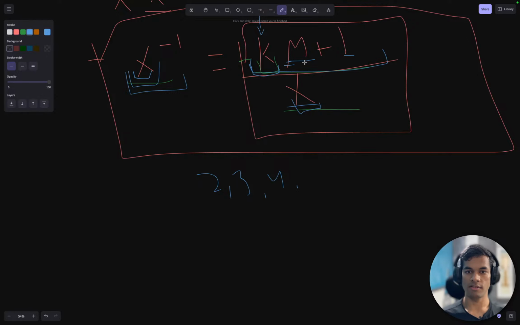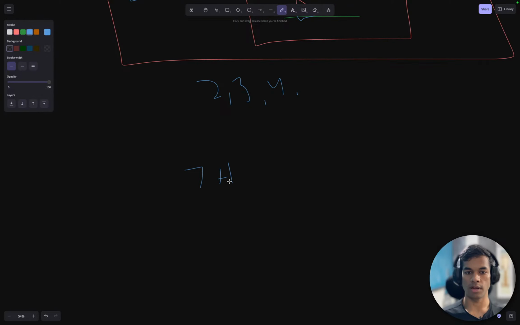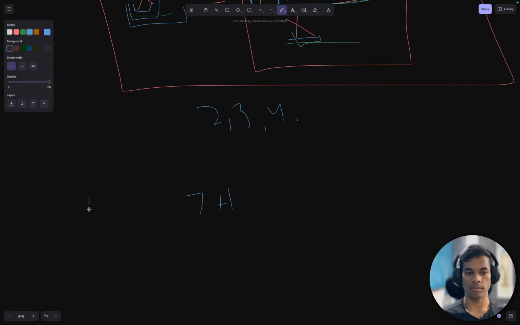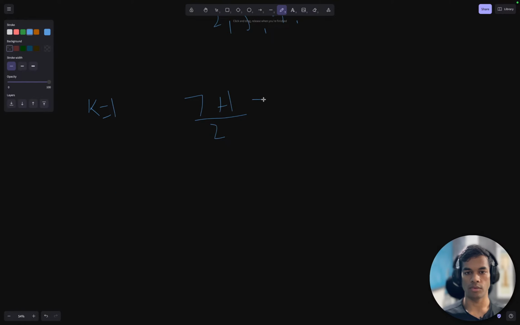Let's say m is 7. So 7 plus 1. If we put k equals 1, m is 7, divided by 2, we get 4. And if we multiply 2 by 4, we get 8, and if we take mod 7, that does return 1. So that is cool.